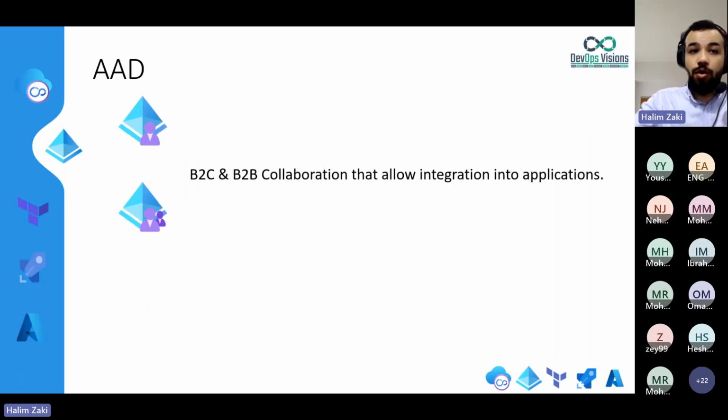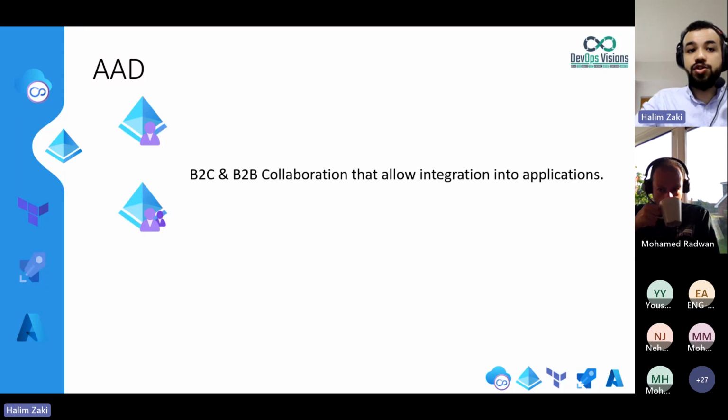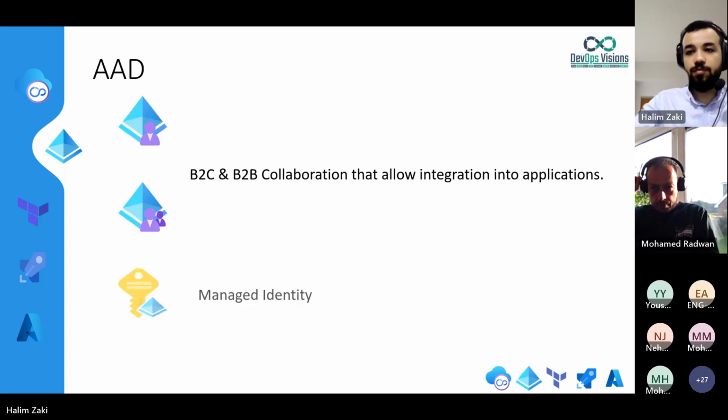Also, it delegates the complex identity management by providing B2C, which is business to customer, and business to business collaboration that allow integration into your application, which provide more advanced identity management for your organization out of the box. Also, at the end, there is the managed identity.